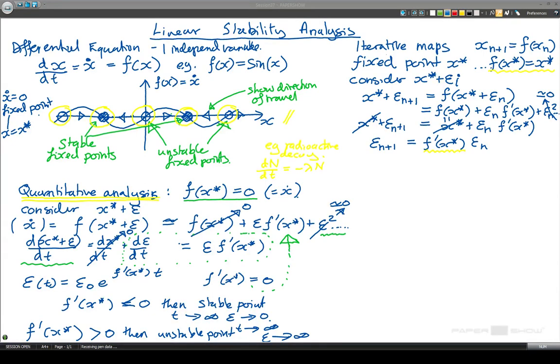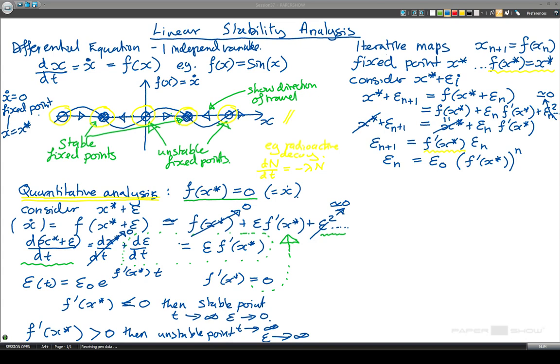It's just the gradient of the function at the fixed point. In general, epsilon n will be whatever value we start with, epsilon naught, multiplied by the gradient of the function at x star to the power of n.